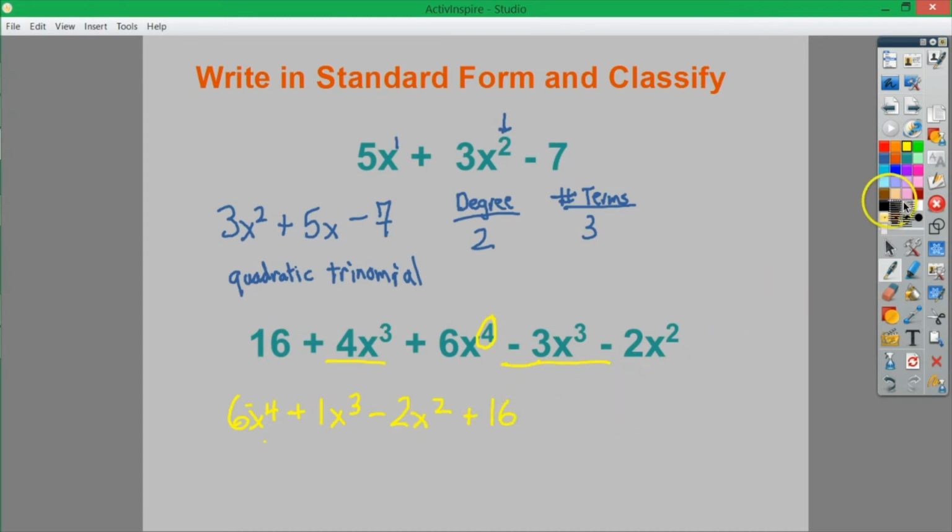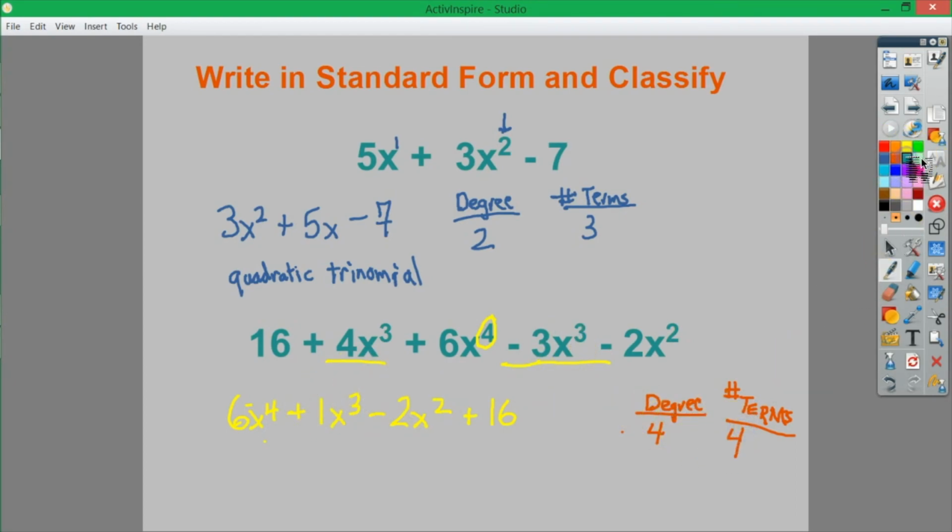Now, from a degree perspective, I could say that the degree is 4th degree, and for the number of terms, I would say that we have 1, 2, 3, 4 terms.